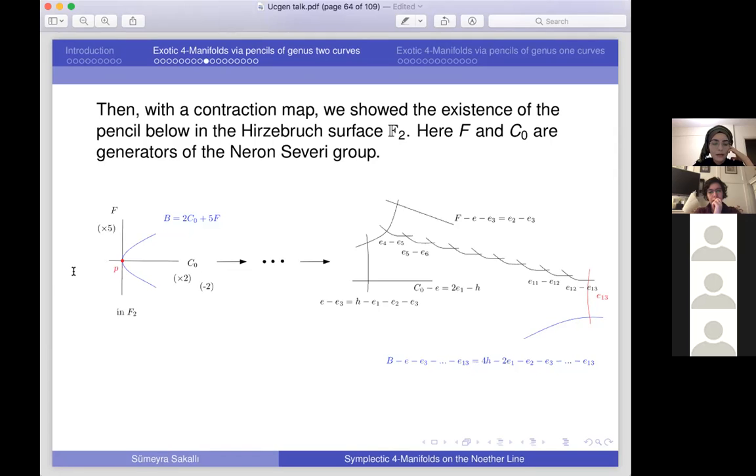And then we do blow-ups. We start at this point P, and there is an algorithm that tells you how to proceed, when to stop. And according to that, I proceed, and I obtain the configuration on the right.